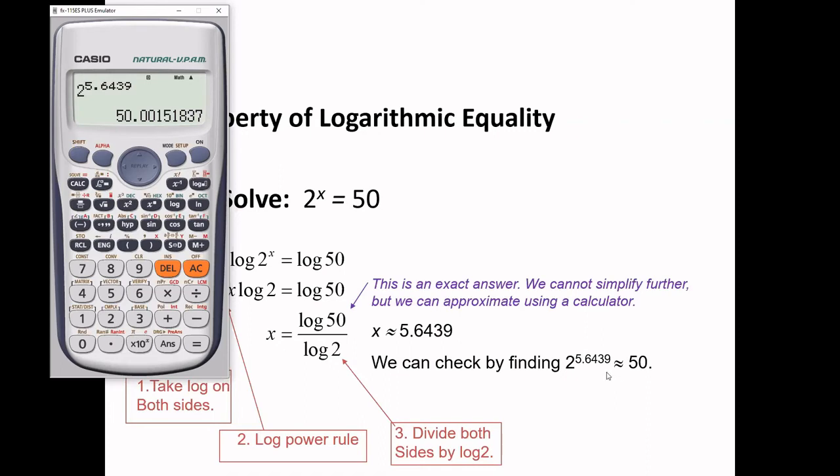Okay. Now, there is one other thing we could have done on this problem. We could have directly changed it to logarithmic. We could have said log 2 of 50 equals x. What am I saying?